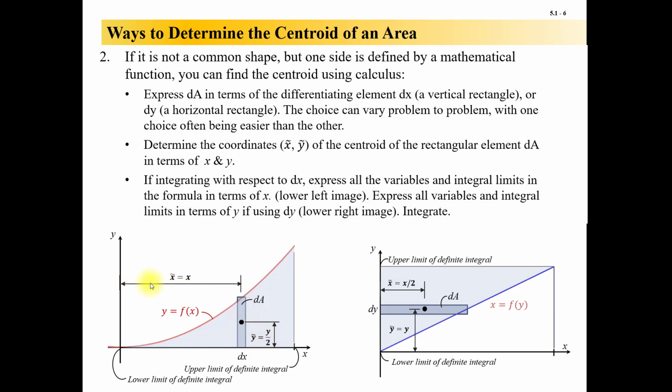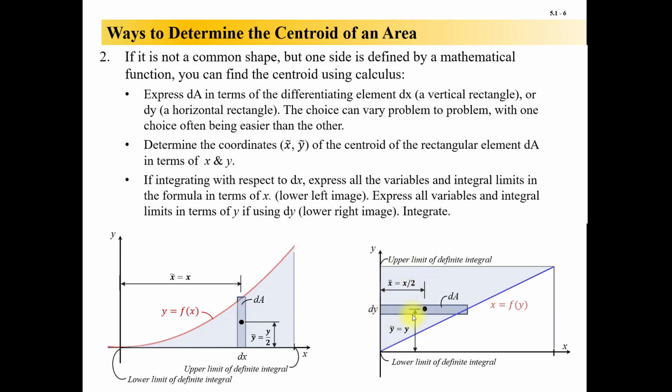Now, its x location of centroid is actually just equal to x for the function, because that centroid is right in line with this differential area. Keep in mind that differential area is a rectangle. The centroid of that is going to be right in the middle. So that dot is the centroid of it.